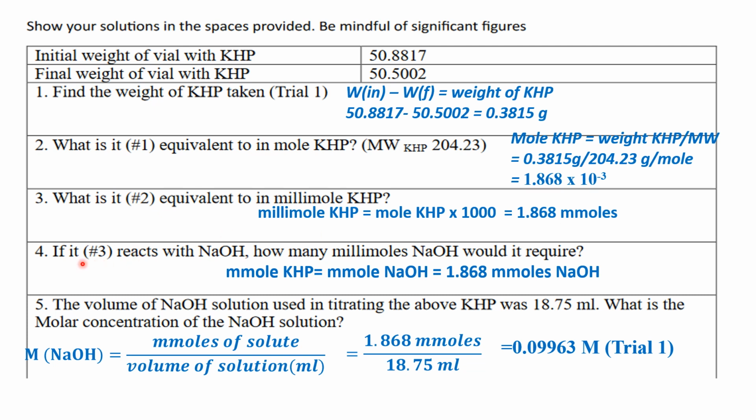Then in number 4, if it, referring to number 3, reacts with sodium hydroxide, meaning if 1.868 millimoles of KHP reacts with sodium hydroxide, knowing the reaction is 1:1, meaning the mole of KHP is the mole of sodium hydroxide. 1:1 millimole of KHP, millimole of sodium hydroxide.